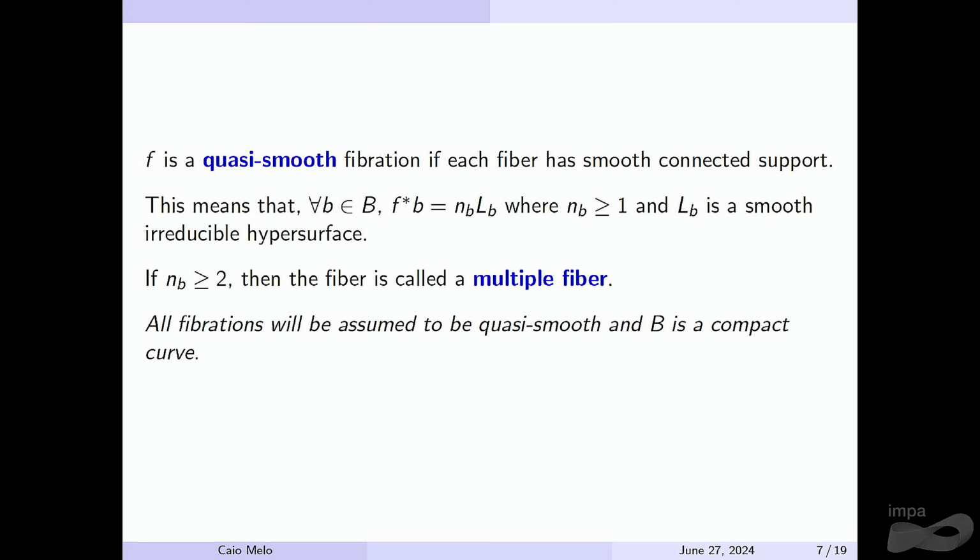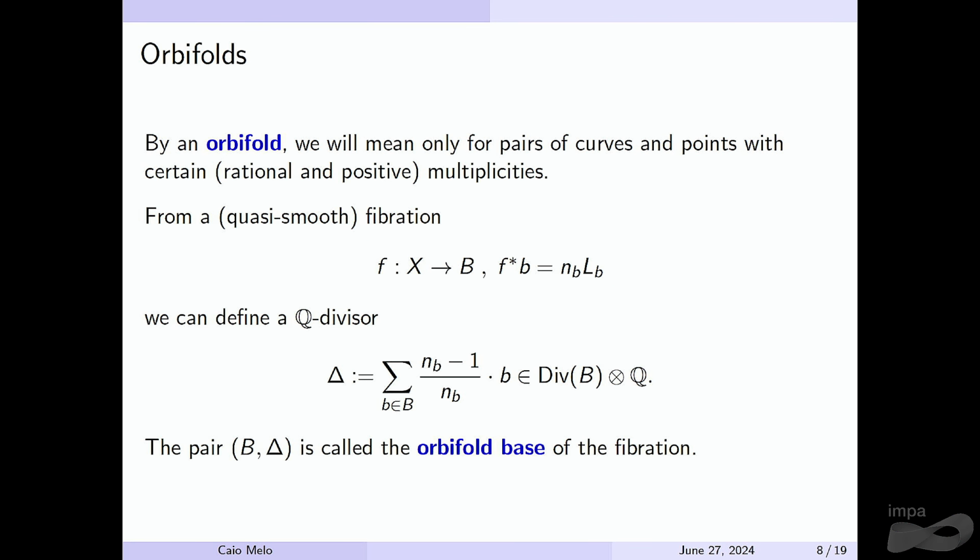So this is the definition. When we have multiple fibers, I'll say that the fibration is quasi-smooth, because the fibers are smooth, but we are allowed to have multiple fibers. And associated to this notion, we have the notion of orbifold base, which is a way to encode this multiplicity on the base.